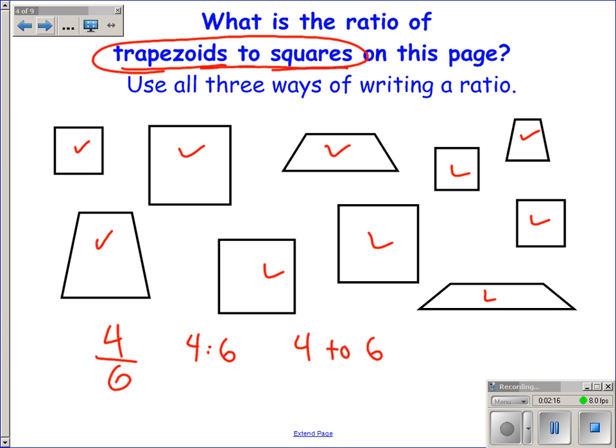Now this ratio can be reduced. The ratio is a way of comparing two quantities, and although it's true that there are exactly 4 trapezoids and exactly 6 squares, the ratio of trapezoids to squares is the same as 2:3. So for every 2 trapezoids, there are 3 squares. I could take this ratio and make it larger, and to keep the ratio the same, I could have 8 trapezoids and 12 squares, or 40 trapezoids and 60 squares, and the ratio would still be the same.